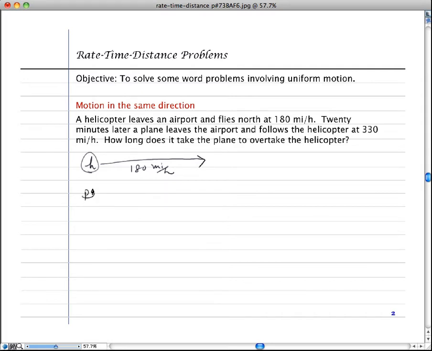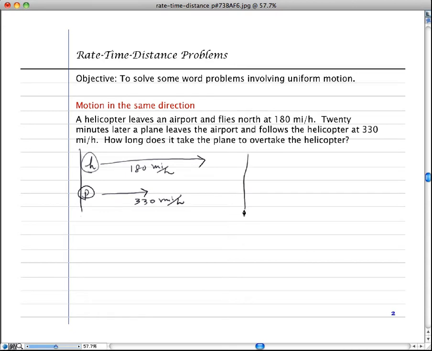And the plane leaves and travels at 330 miles per hour. The problem is that they did not leave at the same time.